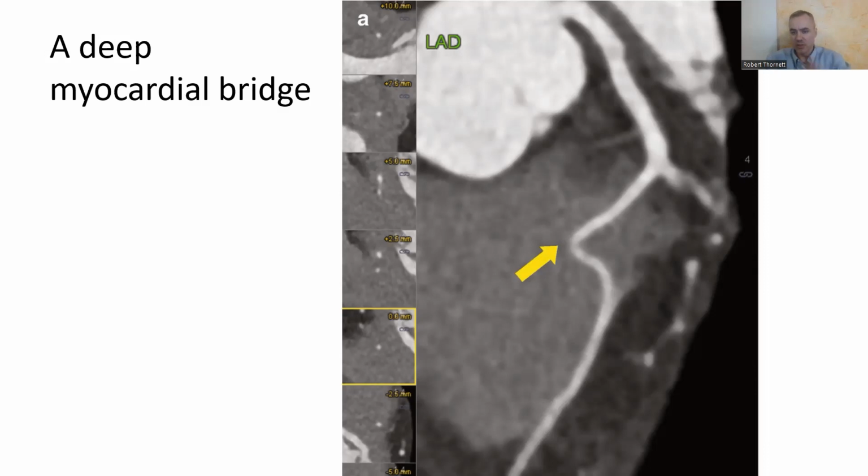All you need to do is look at this picture, and you can see how that's possible, right? If something is very short like this, but diving very steeply into the heart muscle, and it's getting squeezed and twisted like that every single heartbeat, it's basically like you're blocking the artery every heartbeat. So obviously that's going to cause problems.